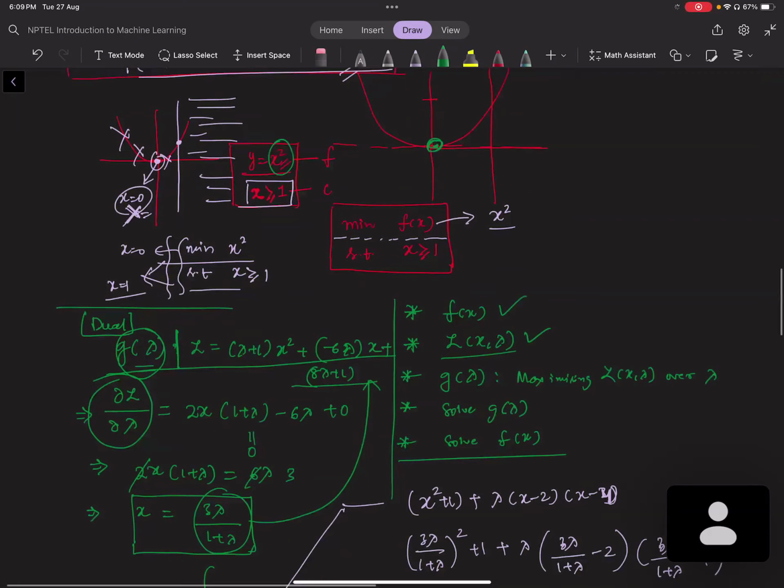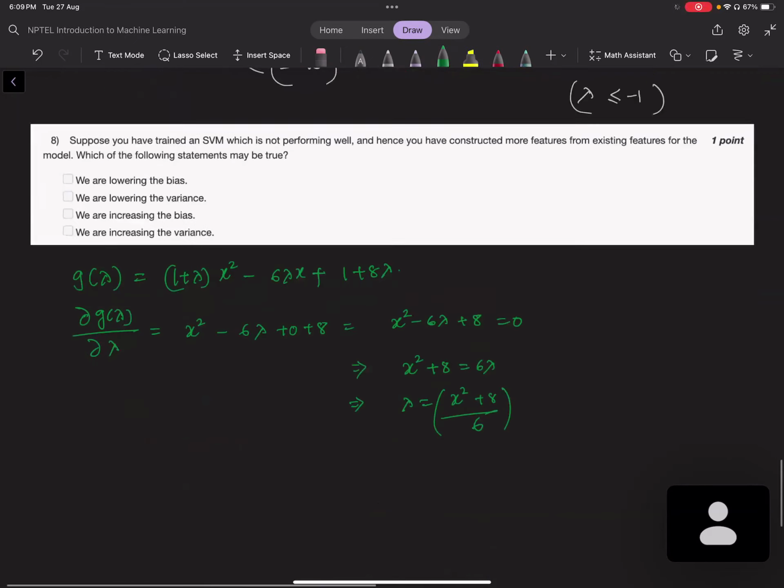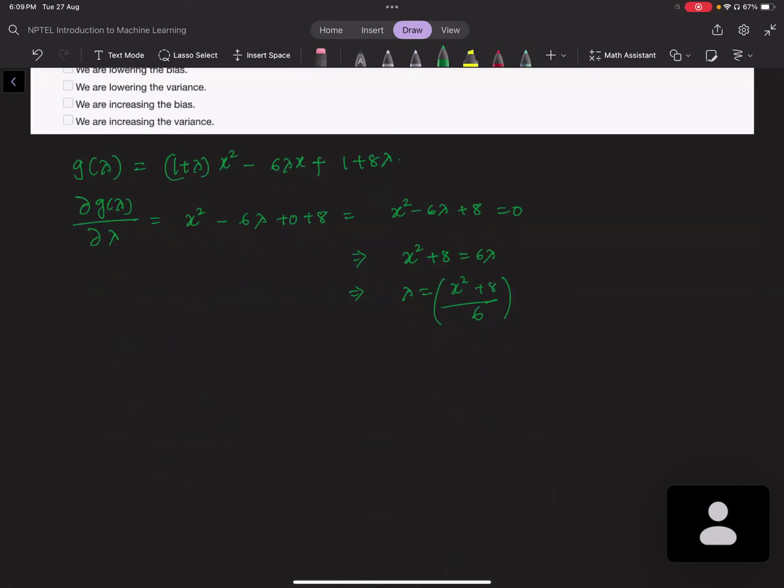So that's ∂g/∂λ, and we also need to find ∂g/∂x. That will be 2x(1 + λ) − 6λ, and the rest 0.